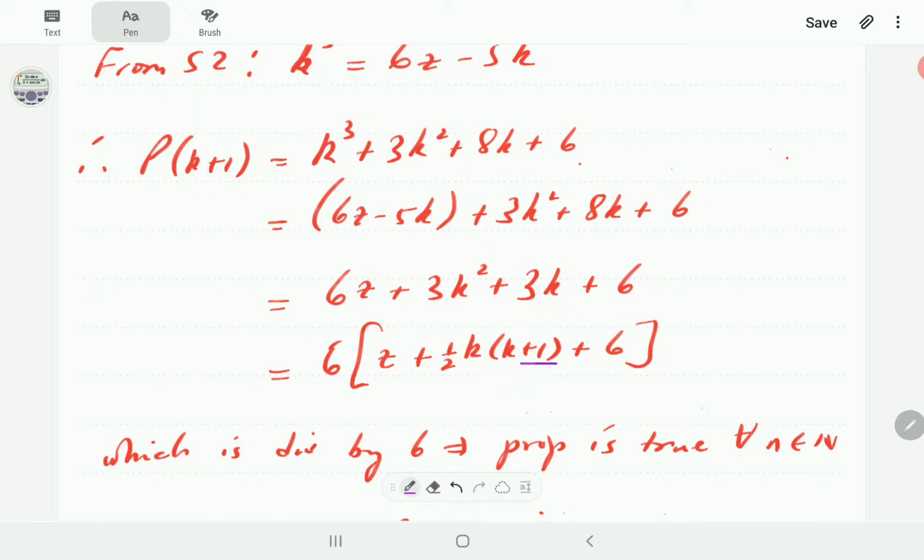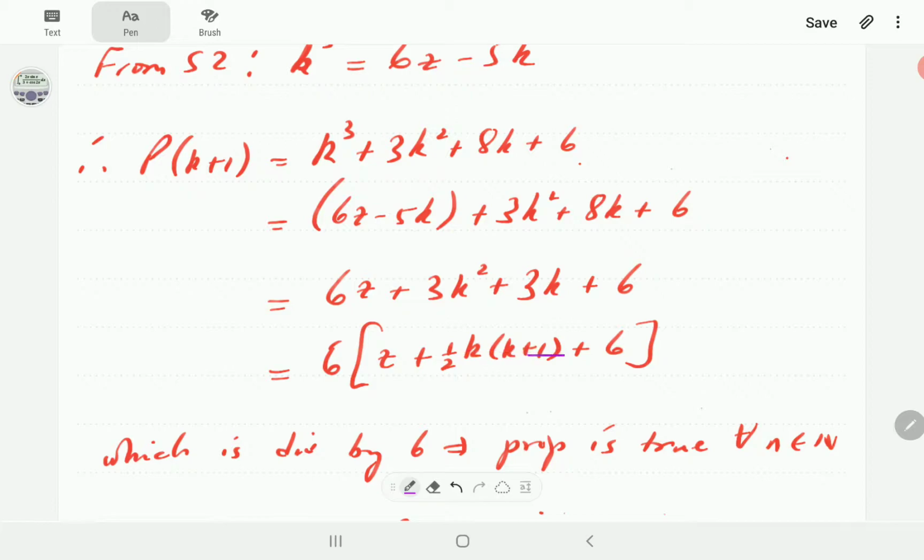The question is about this one. This one is half of an integer times the next integer. Is this always going to be an integer? And the answer is yes, because if this integer is odd, this one will be even.